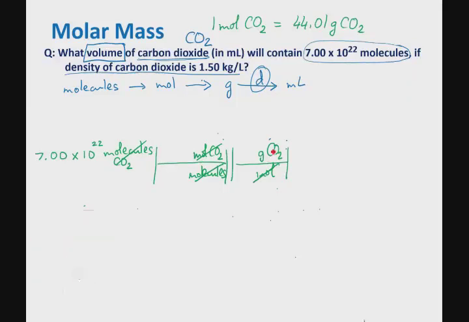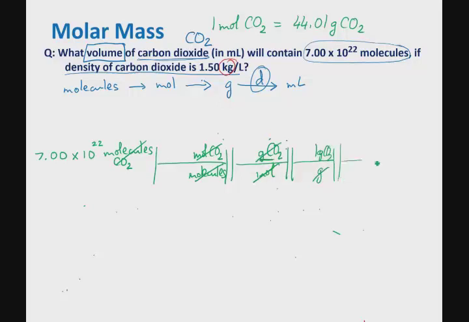At this stage, you would have the mass of CO2 in grams, but look at the mass unit given in density. It is kilograms. So yes, you would have to account for that. You would have to convert one to match the other. Otherwise, you cannot cancel them. So it may not be a bad idea to convert these grams into kilograms of CO2 so that you can take care of that. Okay.